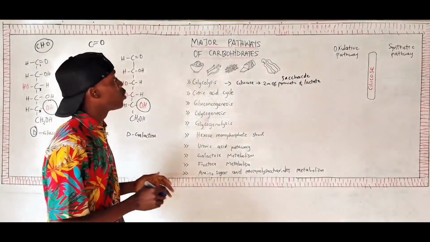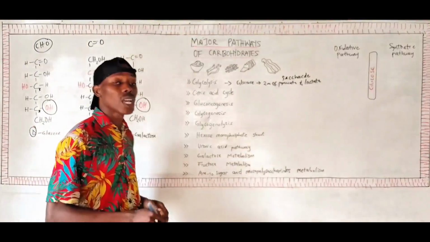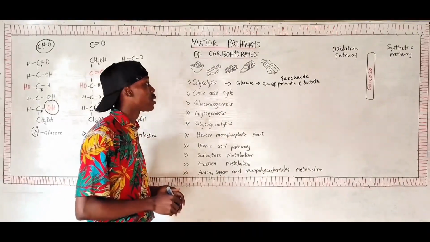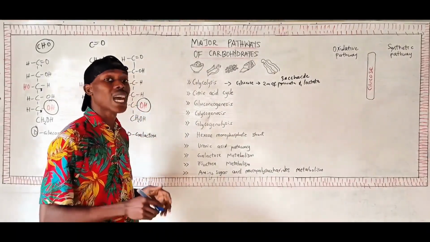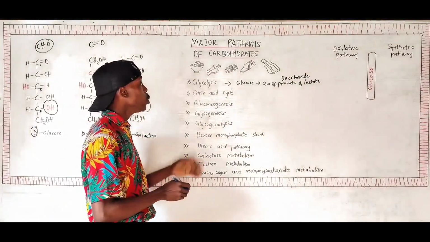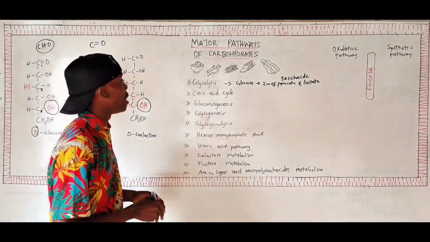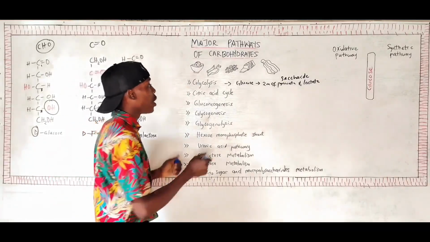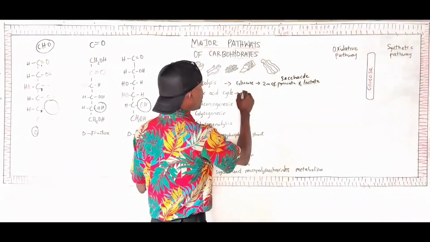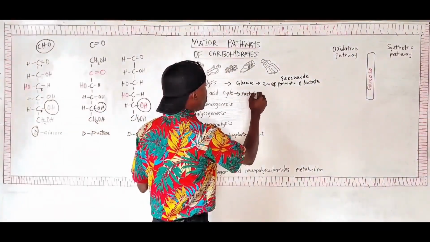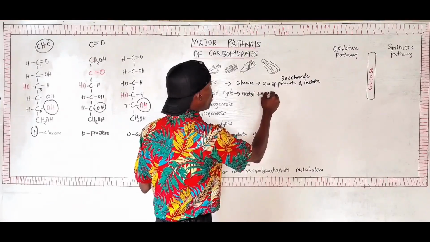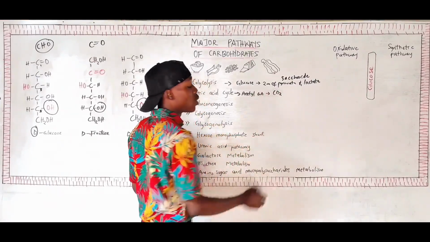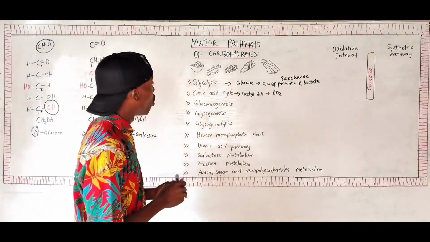So the next pathway is the citric acid cycle. The citric acid cycle is also known as the Krebs cycle and also known as the tricarboxylic acid cycle. This particular pathway involves the conversion of acetyl-CoA to carbon dioxide.